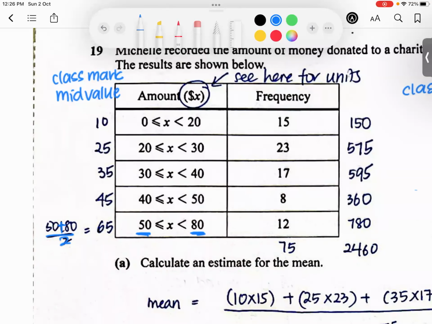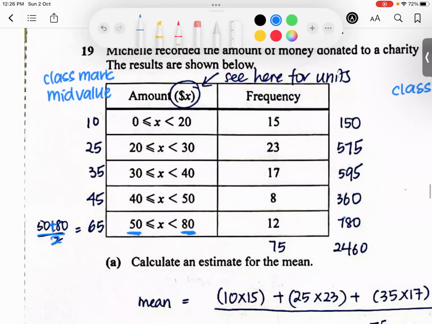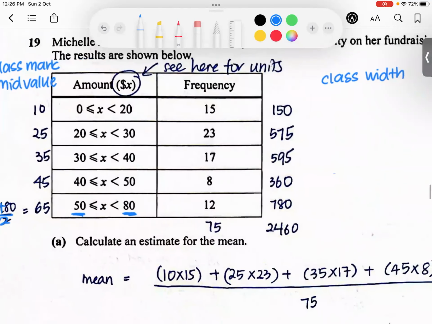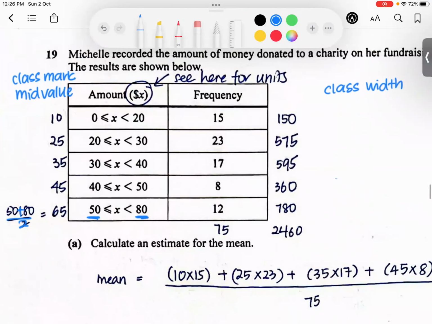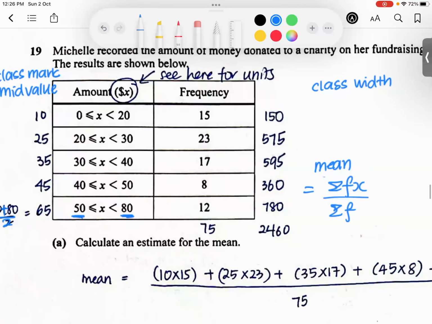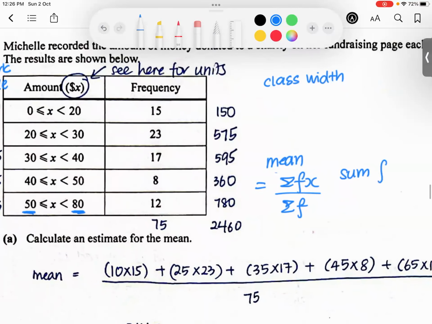Next, how do we find the estimated mean? Your cover sheet will tell you the mean is equal to summation fx over summation f, meaning sum up frequency times x value over sum up the frequency.